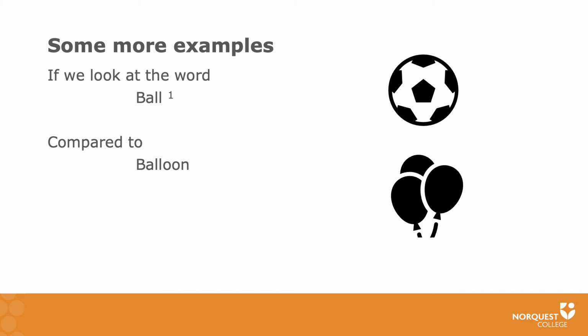In the word balloon, the emphasis, the stress is on loon. Ball, balloon, ball, balloon. Can you hear how those four letters are quite different when they're spoken as part of a multi-syllable word?